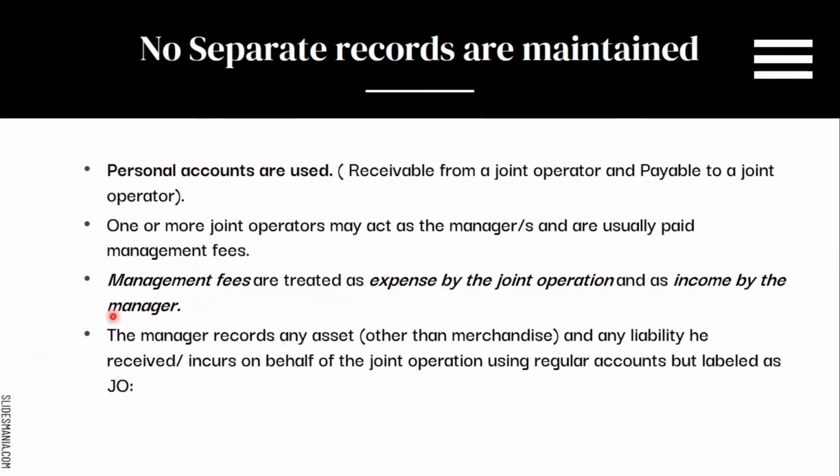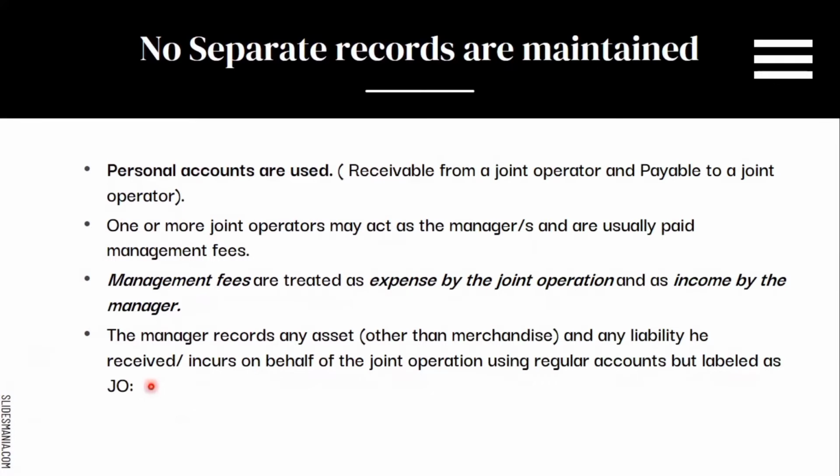But guys, remember this, okay? Pag kayo ang manager, records any assets other than merchandise and any liabilities he receives or incurs on behalf of joint operation using regular accounts but labeled as JO.